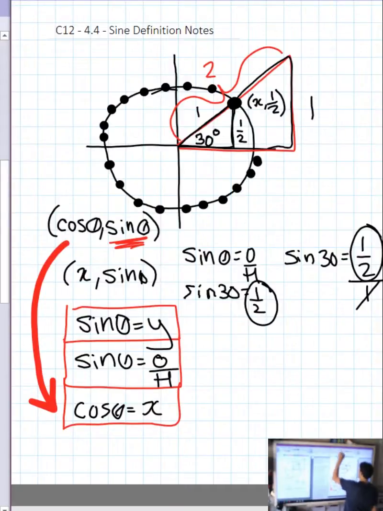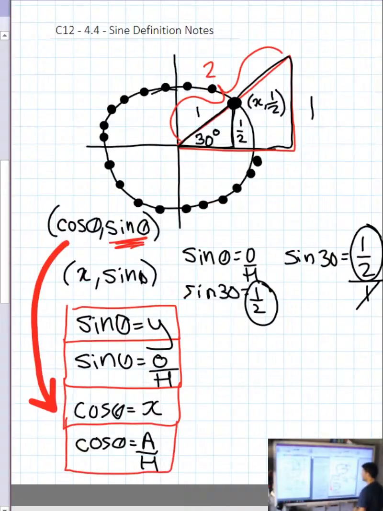And now I will write the definition of cosine from grade 10. Cos theta is equal to adjacent over hypotenuse. And we're going to be using that one interchangeably, but the definition of cosine theta is the x value of the unit circle. It always has been.